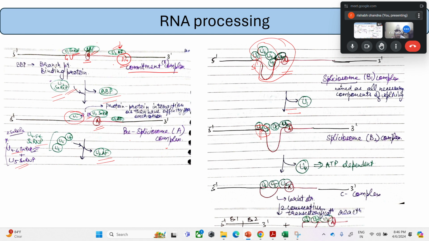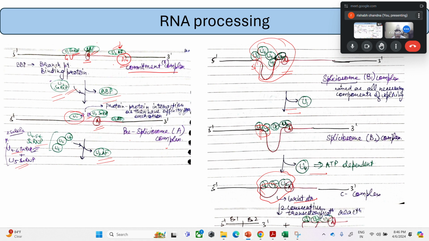So here this U6 and U4 complex cleaves the 5 prime site and U4 is released from the RNA. Further, this structure forms a closed loop of the RNA called the lariat structure.